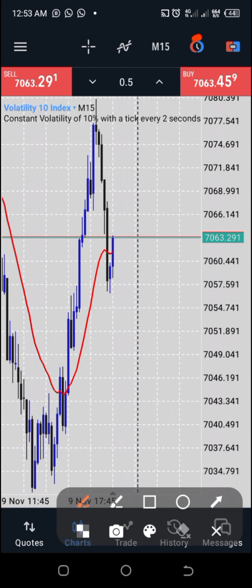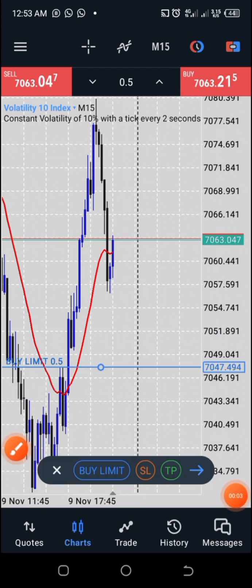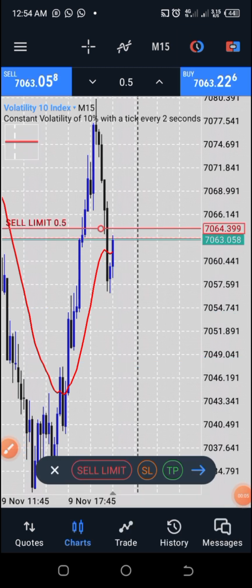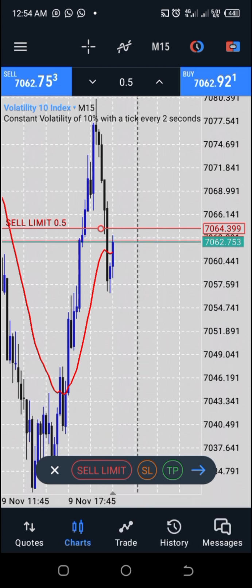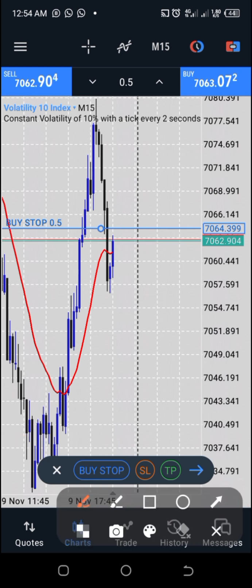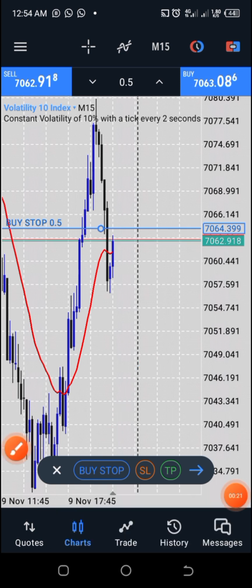So buy stop, now here let's illustrate what I was meaning. For example, now I have placed it above the current market price. So what I'm going to do, again, click here to change it from sell limit to buy stop, and I click there. You can see it has turned to buy stop. So it means once price reaches there, it will activate my order.